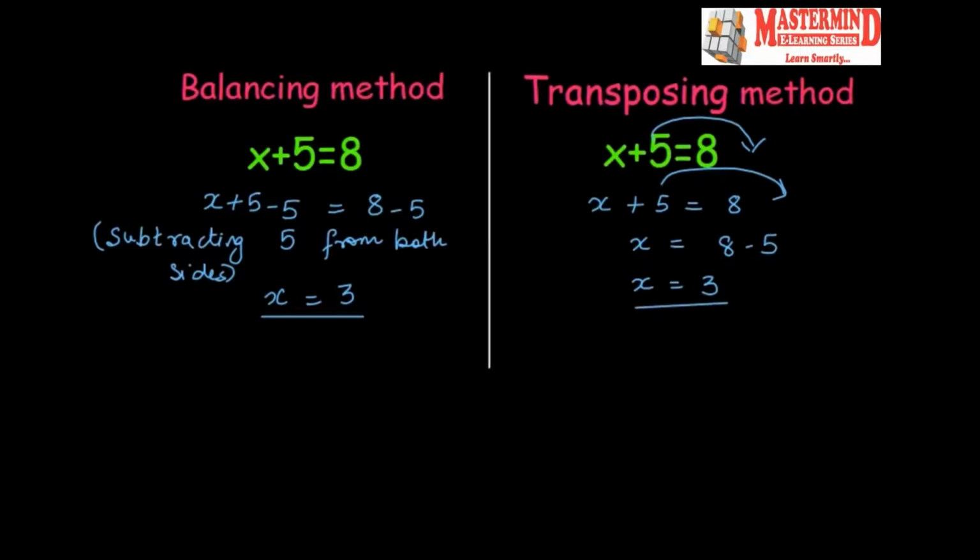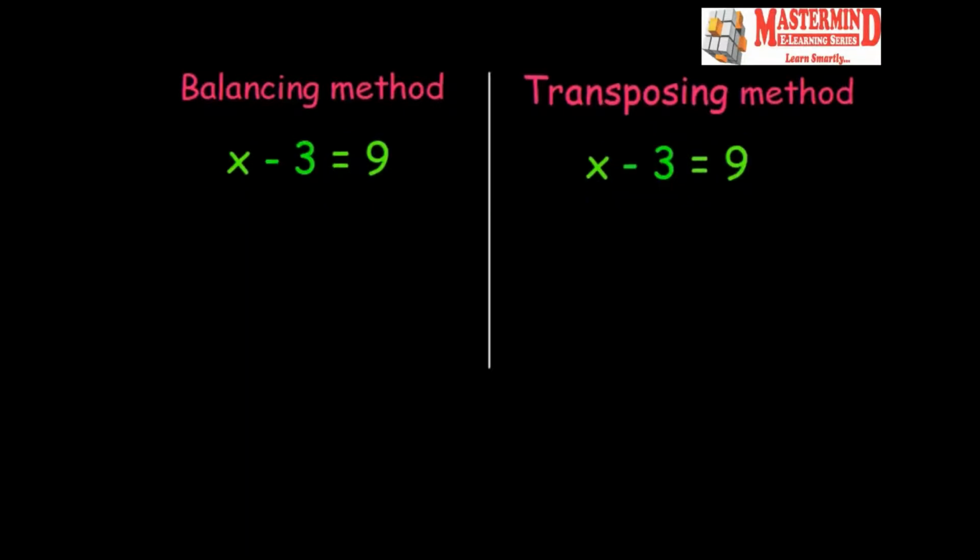Now this was one type of equation. Now let us see another type of equation. Here we have x minus 3 is equal to 9. If we want to separate this x out, we have to get rid of this minus 3.